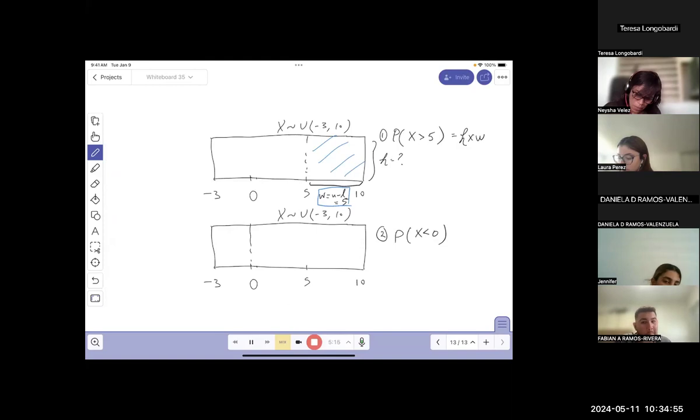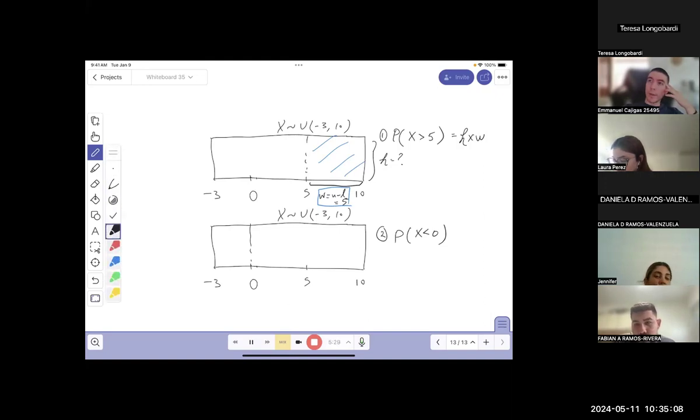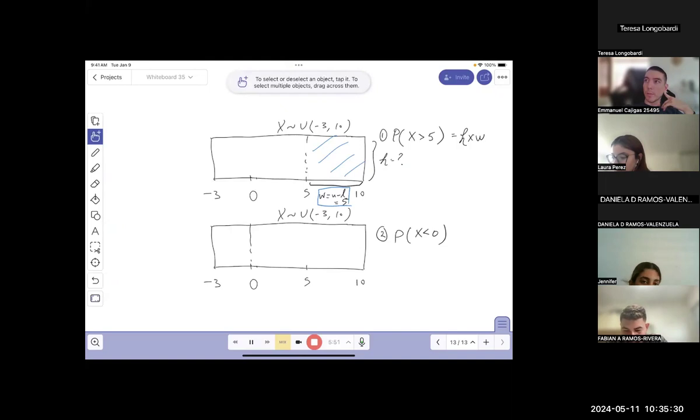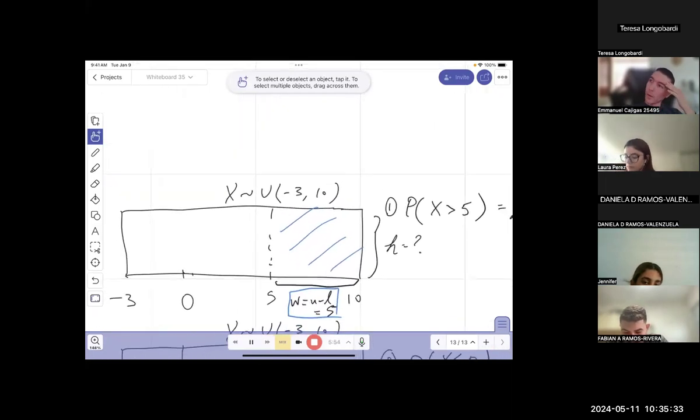How do I figure out what the height is? You need the total width. Okay, good. So the total width. The area is 1 for this distribution. So you need to solve for h, the height, multiplied by the width, which is 10 minus -3. The total width, and then just divide 1 by the width.